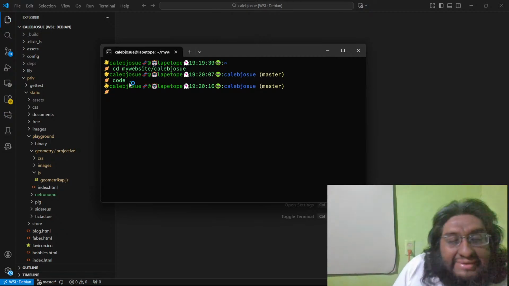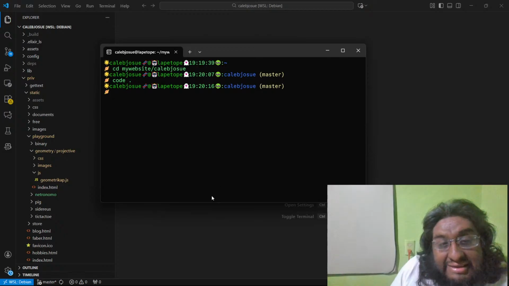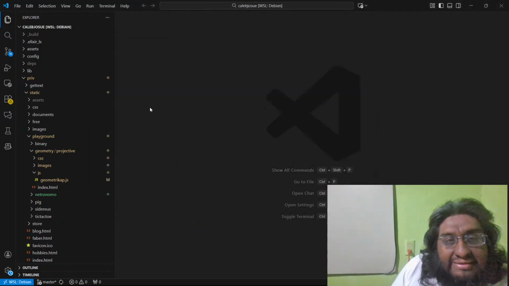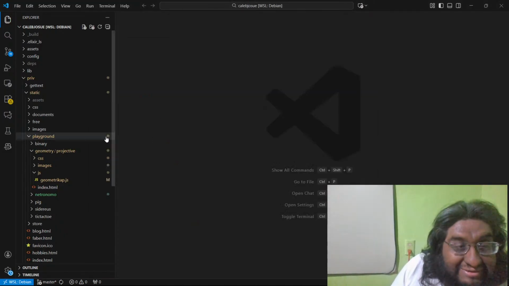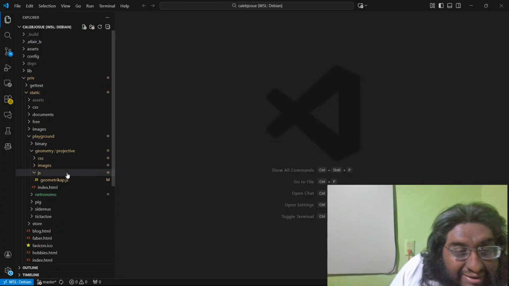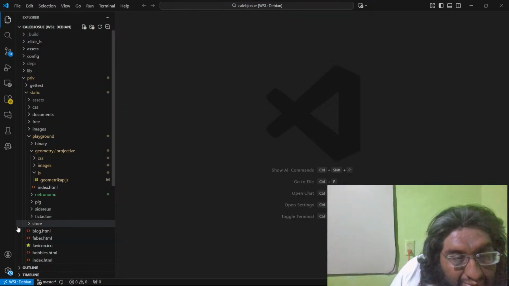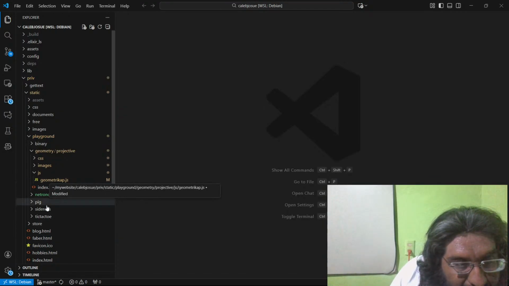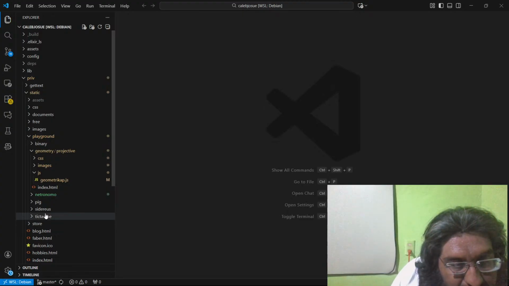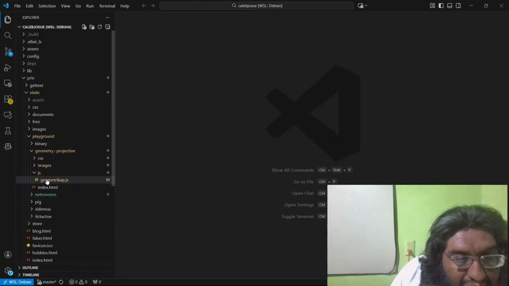If you're trying to send an image, you need to do it this way, and most people will remember. Geometrikap.